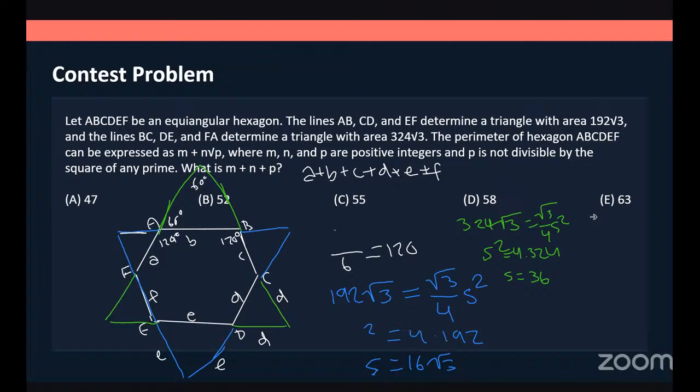So from when we get these two, 36 is basically equal to just A plus B plus C. Well, this is D plus E plus F if you look on the graph or on the drawing. So from here, if you just add those together, you would get 36 plus 16 root 3.